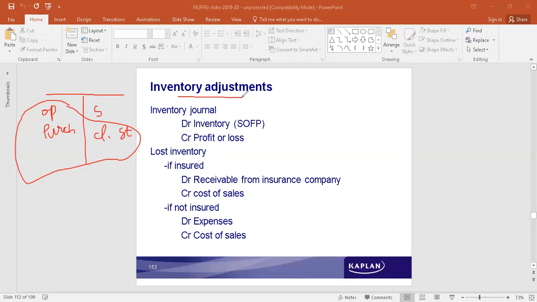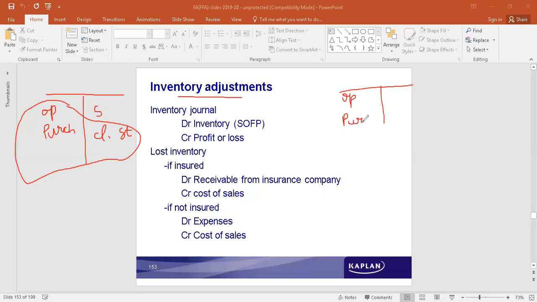Second one, let's say if the inventory is lost. So how do we remember? When we are talking about this trading account, we see that there is an opening balance. Then we see the additional purchases, the number of units, if we are talking about that.